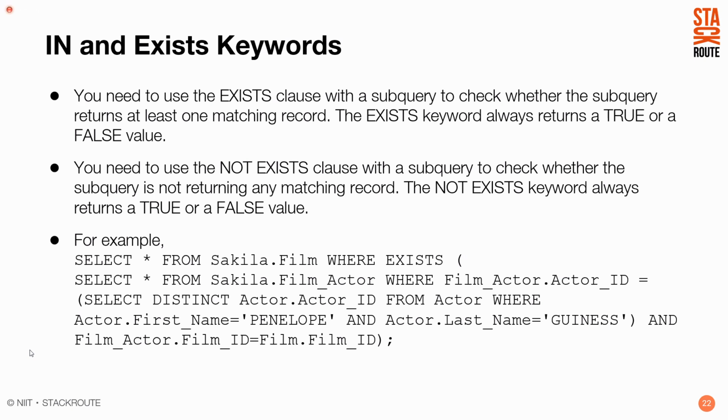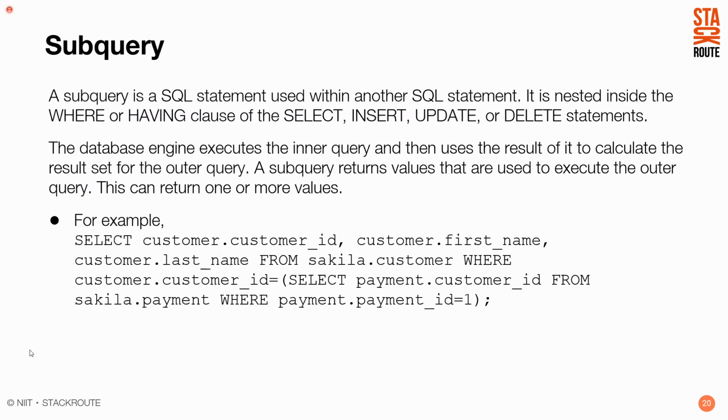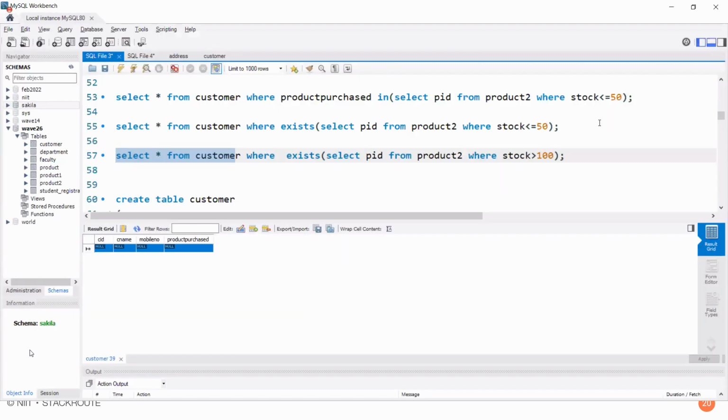So for subquery, outer query and inner query, you should know where to use equal to, where to use in and exist. And the syntax slightly differs for exist. No particular column. If the data exists, it will return the output. If the data does not exist, it will not return. So if you want some kind of guarantee, if my inner query returns the value, I can use exist.